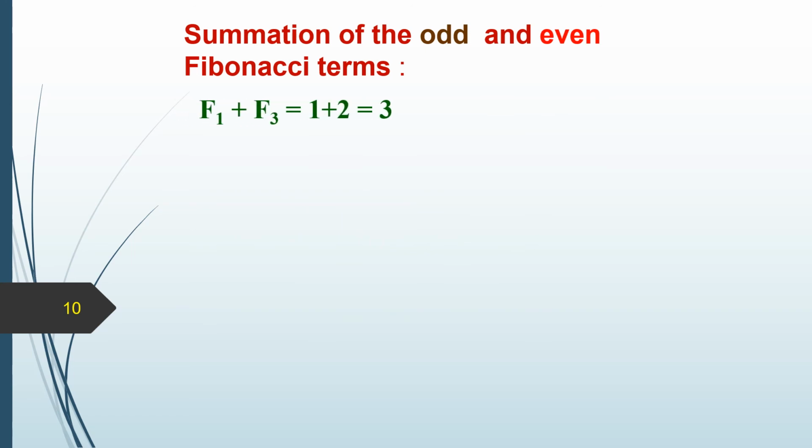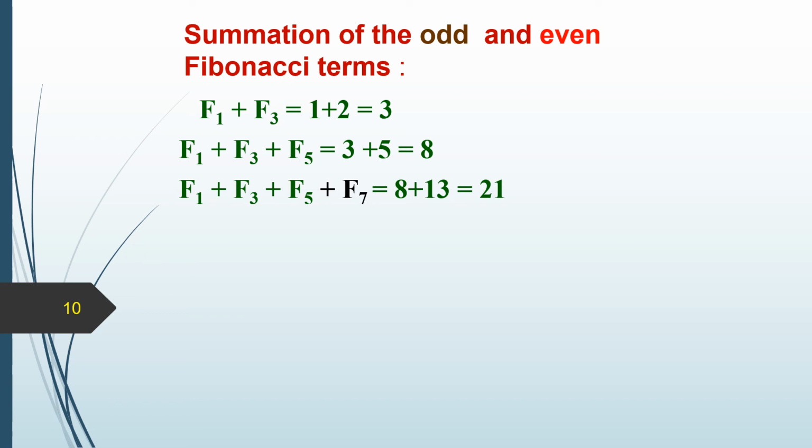Let us see how to work. Sum of odd Fibonacci terms: f1 plus f3 is equal to 1 plus 2, which is 3. Sorry, f1 plus f3 plus f5, which is 3 plus 5, 8. When we add f7 to that, it is 21. 3 is the fourth Fibonacci number, 8 is the sixth Fibonacci number, 21 is the eighth Fibonacci number.